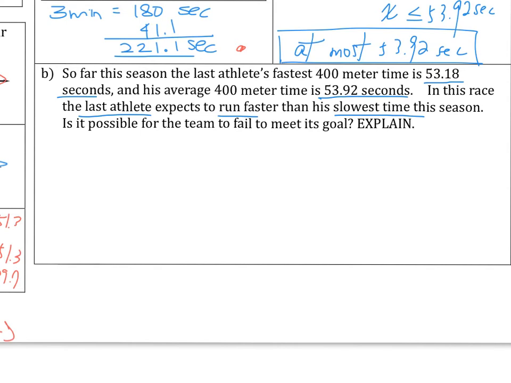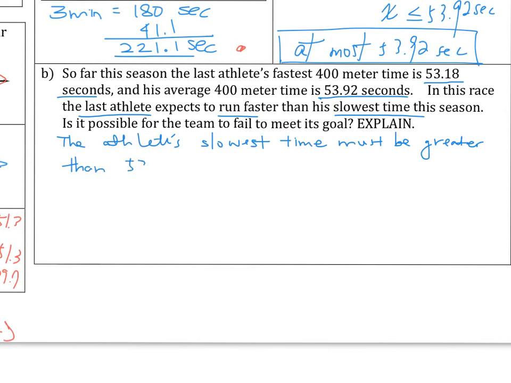So we need to analyze the situation here. The athlete's slowest time must be greater than 53.92 seconds, which is the average.